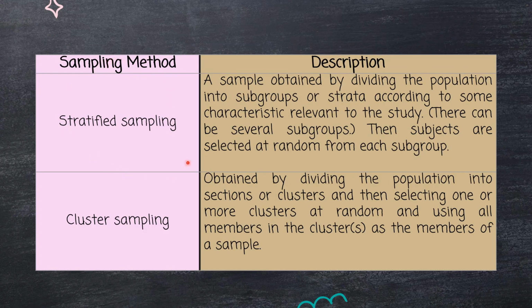The third sampling method is stratified sampling. A sample obtained by dividing the population into subgroups or strata according to some characteristic relevant to the study. There can be several subgroups. Then subjects are selected at random from each group.